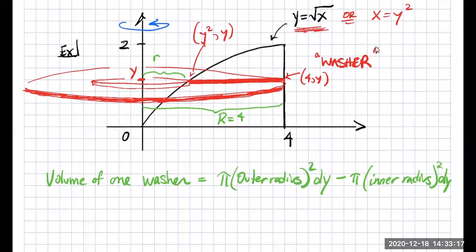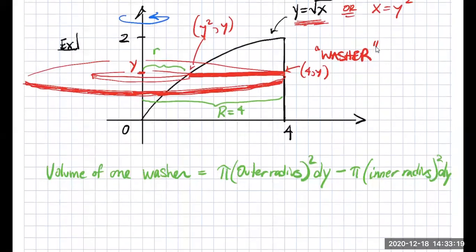All right, so let's continue on with finding the volume of this washer. Now the outer radius we already said was 4, minus the inner radius. What is that horizontal distance? What's the value for little r? Yes, good, y squared.